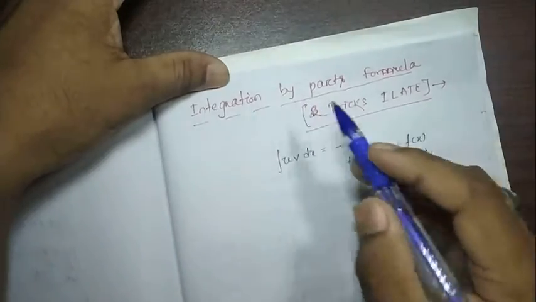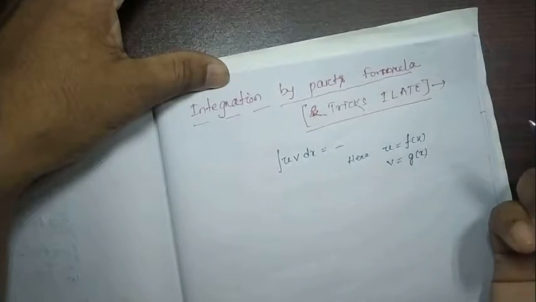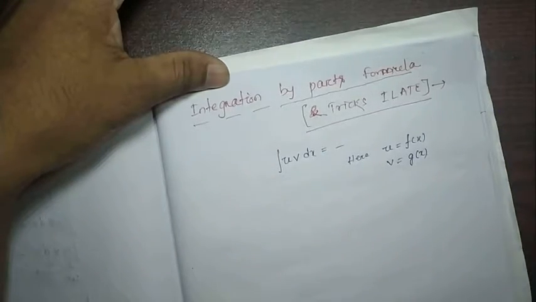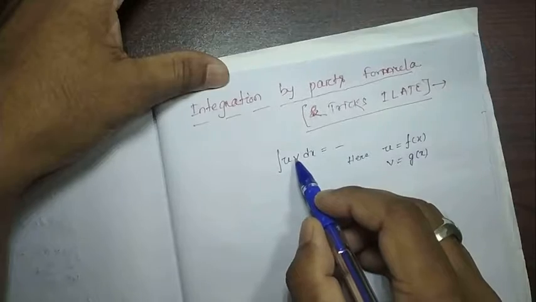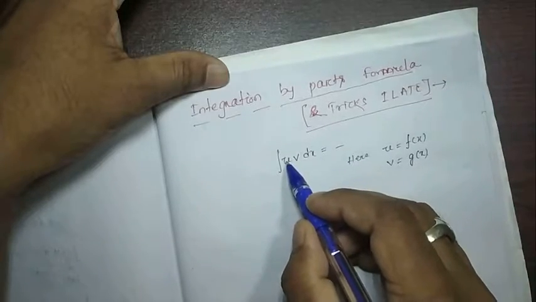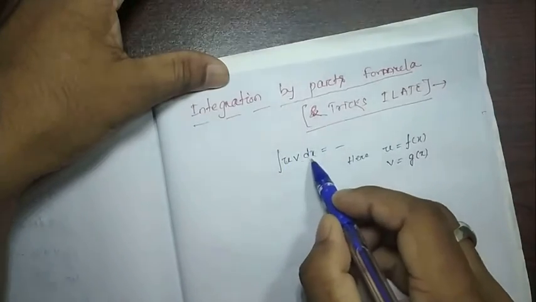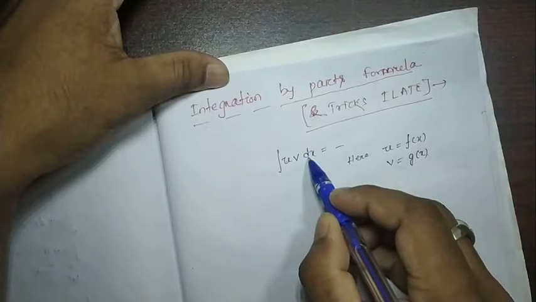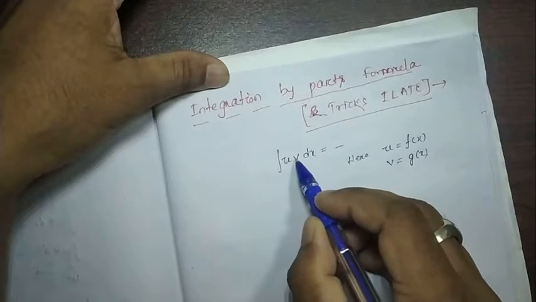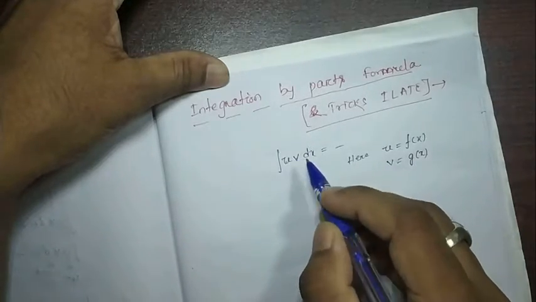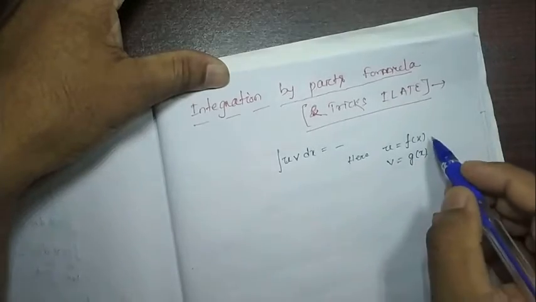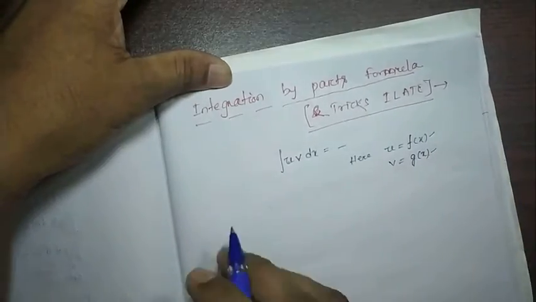Then we can consider the by parts formula, because here u into v has to be integrated over dx. So only for that, both u and v have to be functions of x.